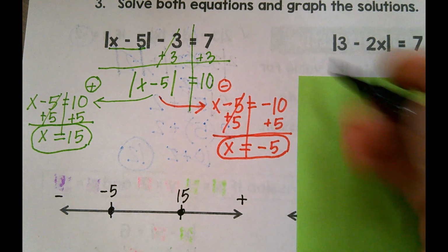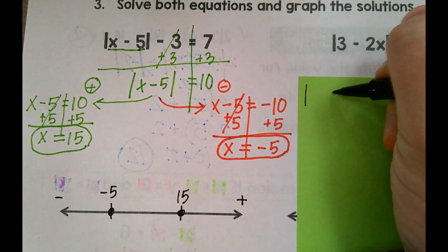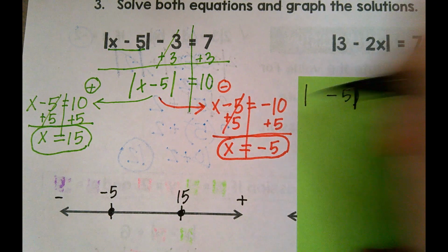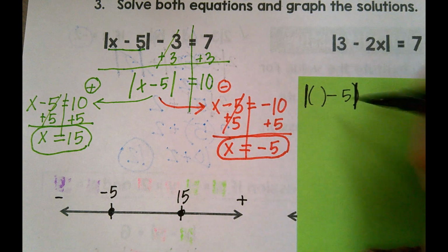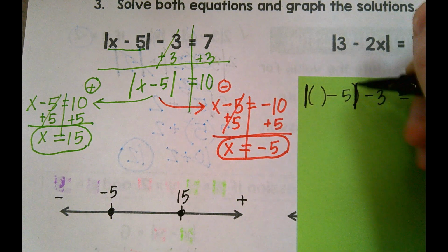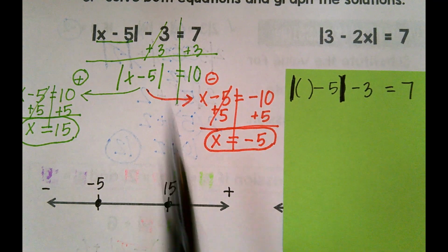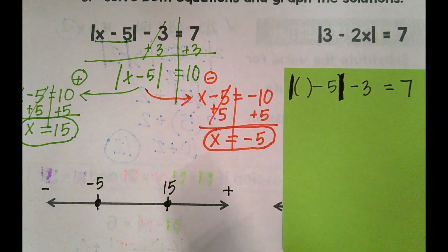So I have the absolute value of x minus 5, minus 3 equals 7. I just rewrote the equation, but now instead of x, we're going to put one of the numbers we found, 15. Let's start with that.